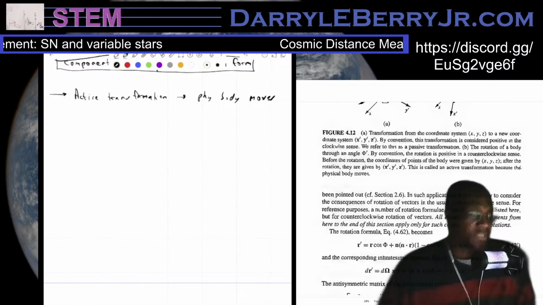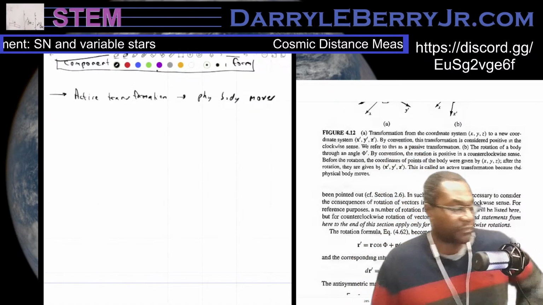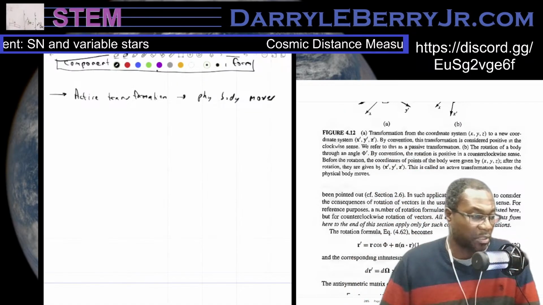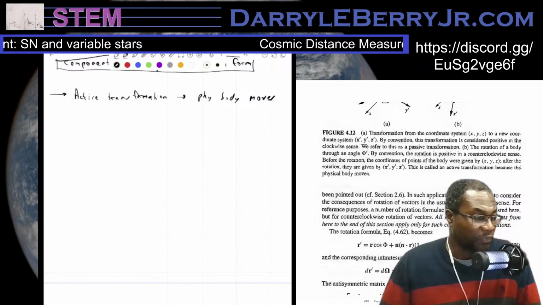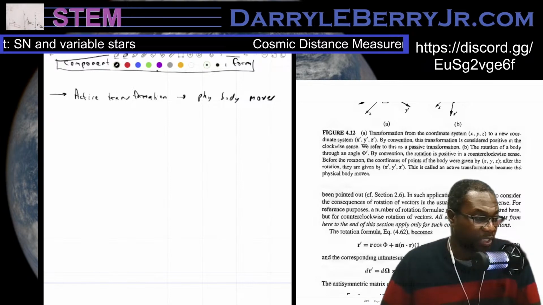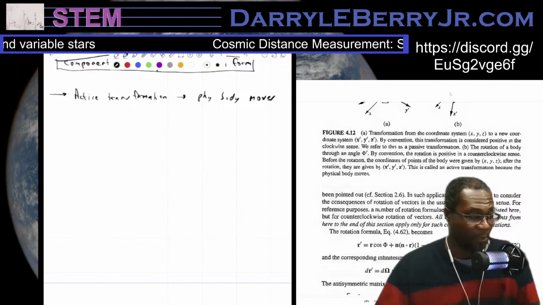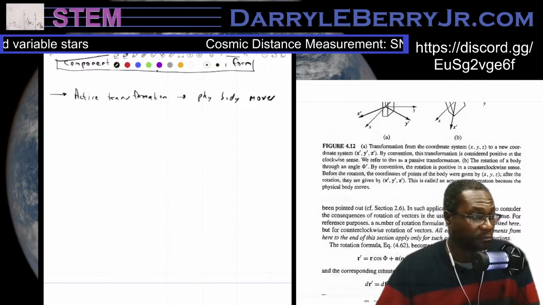In such applications, it is necessary to consider the consequences of rotation of vectors in the usual counterclockwise sense. For reference purposes, a number of the rotation formulae given above will be listed here, but for counterclockwise rotation of vectors. All equations and statements from here to the end of this section apply only for such counterclockwise rotation.